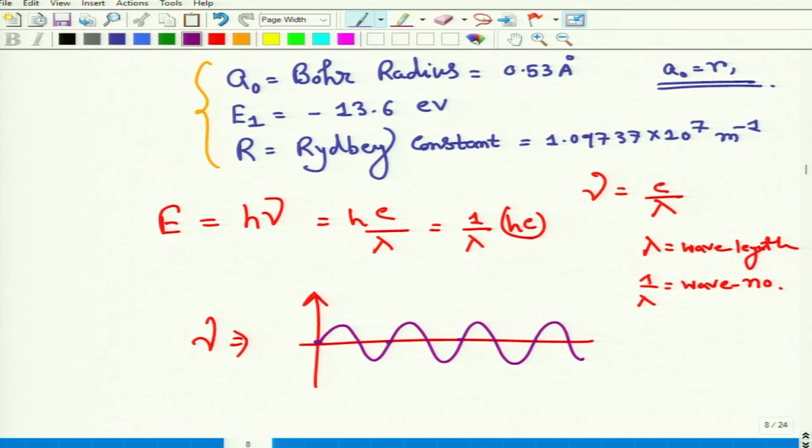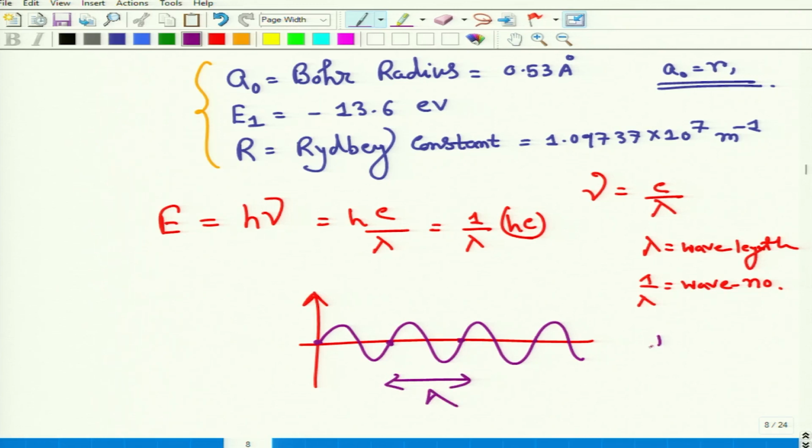That is the frequency. So 1 by nu should be the time period T. That means for one full wave this time T is required to be generated. Here also, from here to here is the lambda, the wavelength, the length of one wave.